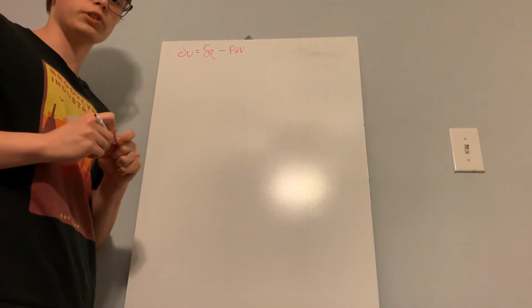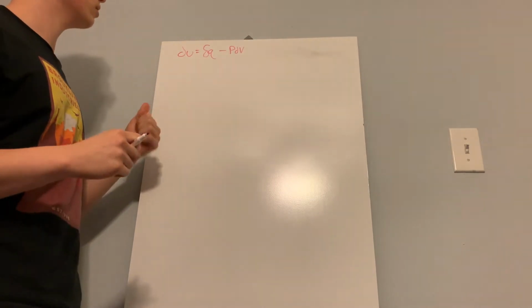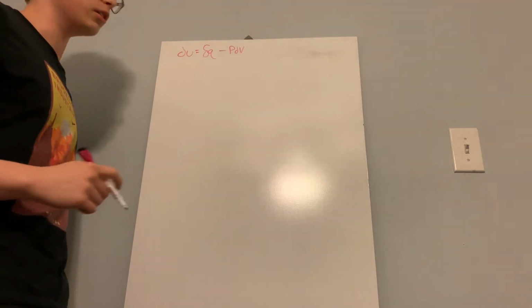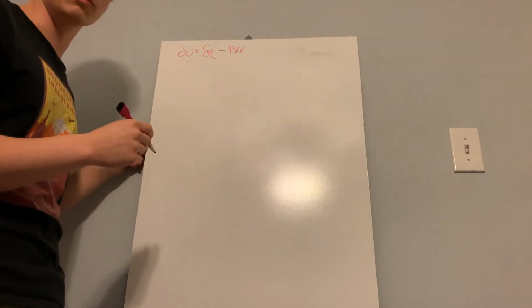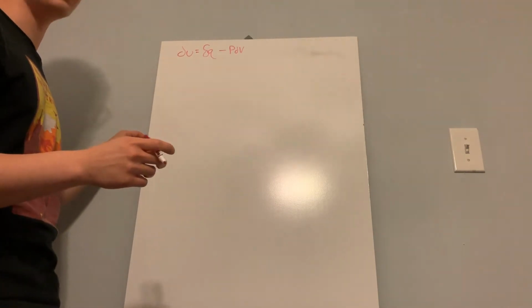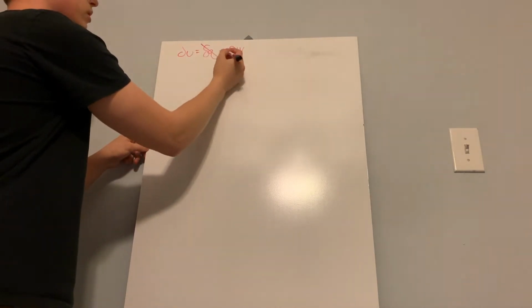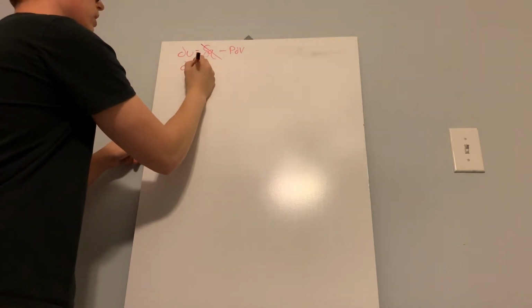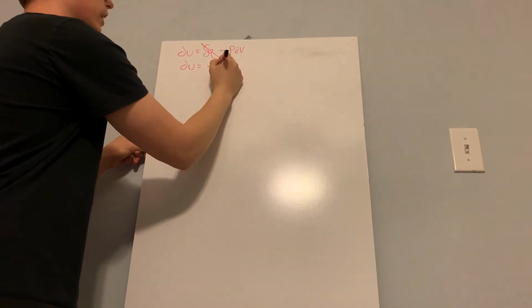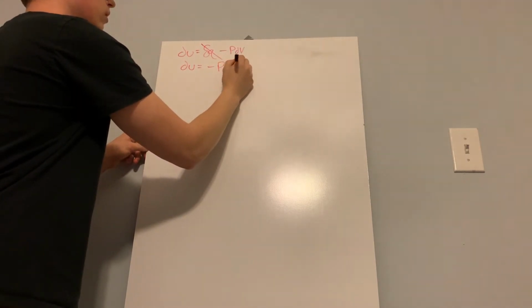So solving for temperature, we're now going to use this equation dU is equal to a small change in heat minus P dV. However, since we are assuming that our system is adiabatic, this term is actually equal to 0. So we have dU is equal to negative P dV.